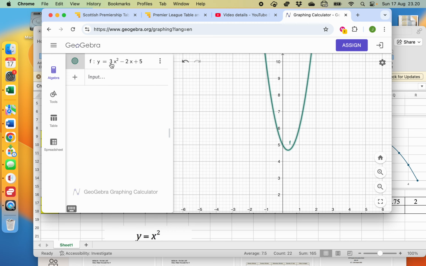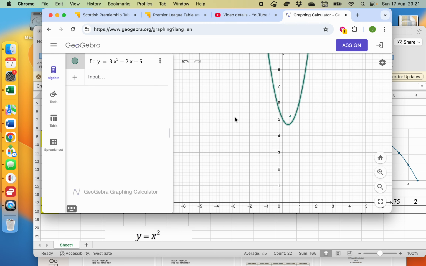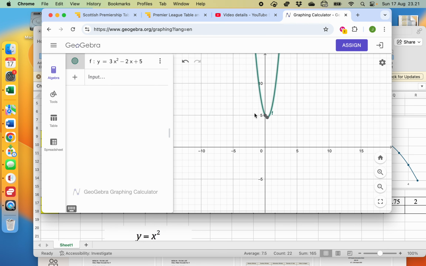Now the values of the coefficients in front of x squared or x or the term on the end affect where this curve goes and how flat or steep it is, but you do generally find any function with a power of x squared and no higher will generate something from this family of curves called a parabola.